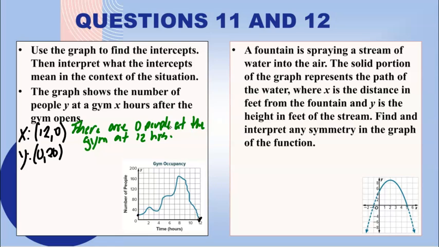So there are 0 people after 12 hours. The y-intercept, the 0, 20, that means there are 20 people in line when the gym opens.